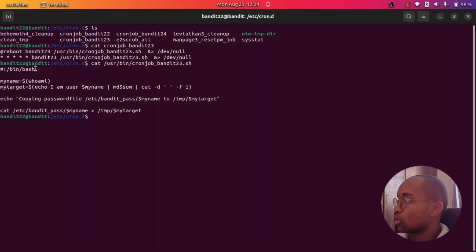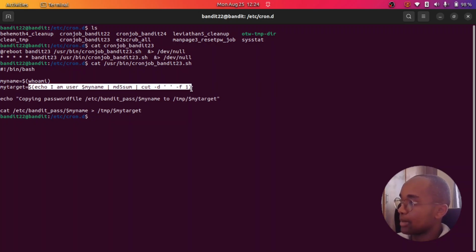Yes, so again this is a bash script, and this line means that the variable my name is assigned to the user. This user is Bandit 23, so my name is the same as Bandit 23. Then my target is these two commands. The first one outputs this sentence, I am user, so it is going to be I am user Bandit 23, since this variable is Bandit 23.